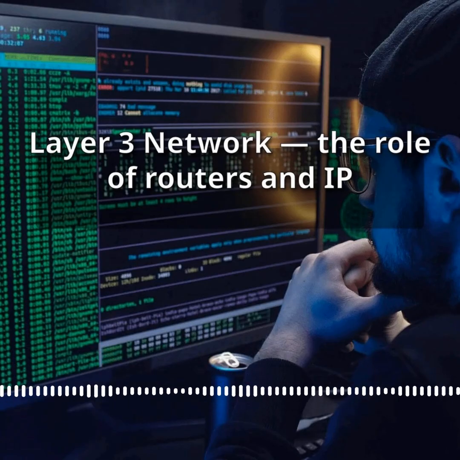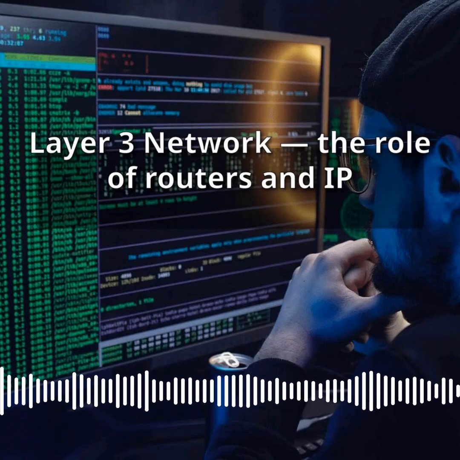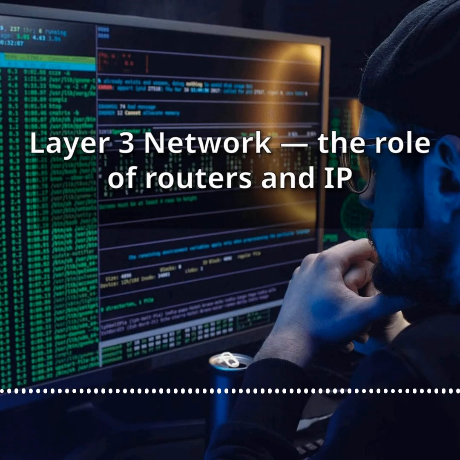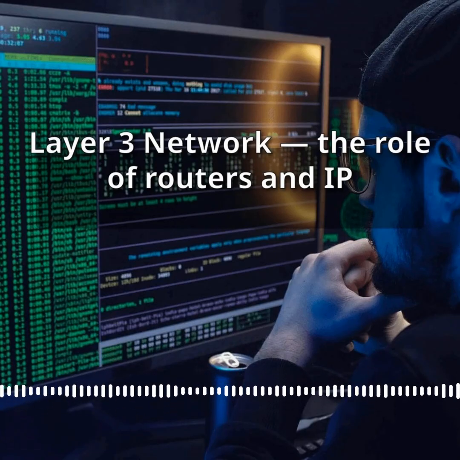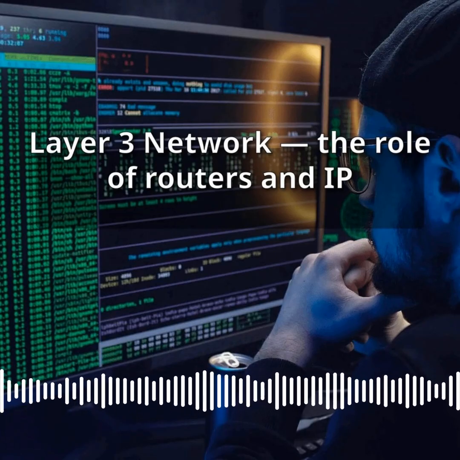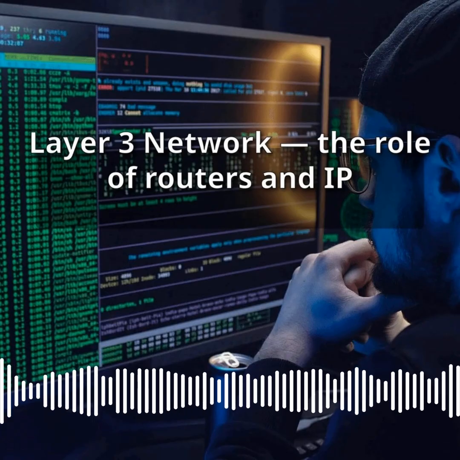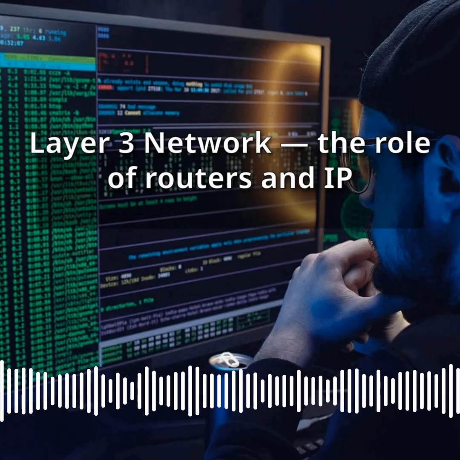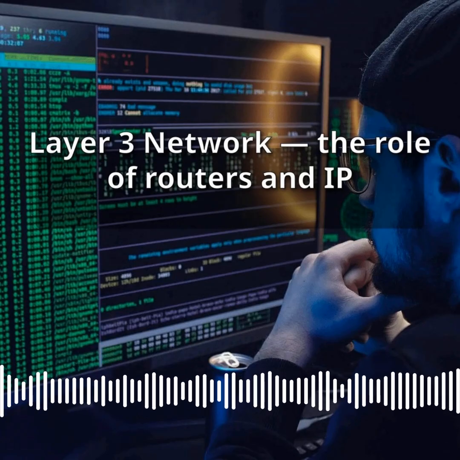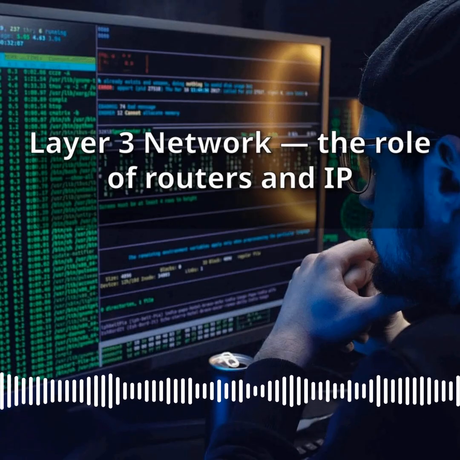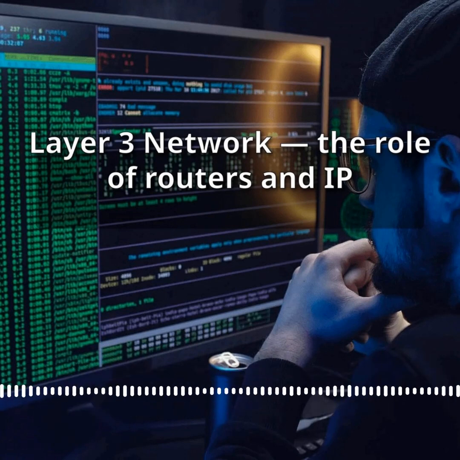The three private IPv4 address ranges are 10.0.0.0 to 10.255.255.255, often written as 10.0.0.0/8, 172.16.0.0 to 172.31.255.255, often written as 172.16.0.0/12, and 192.168.0.0 to 192.168.255.255, often written as 192.168.0.0/16.